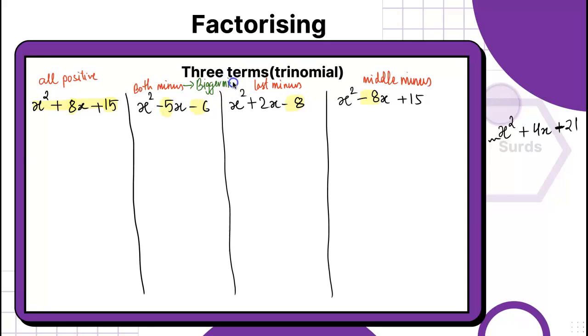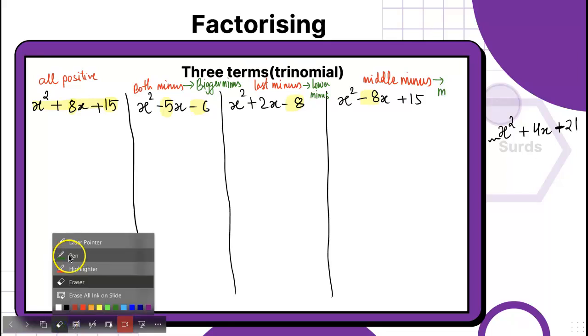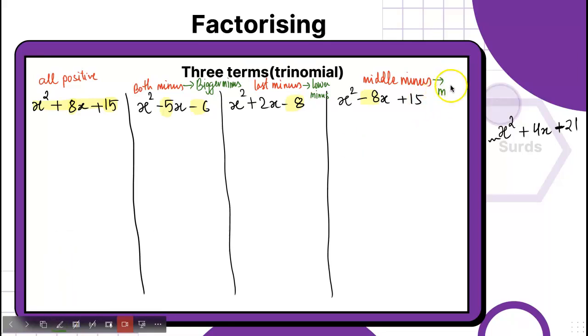Last minus means lower minus. Middle minus means many minus. Many meaning more than one, no? Meaning both minus. Middle means many minus.